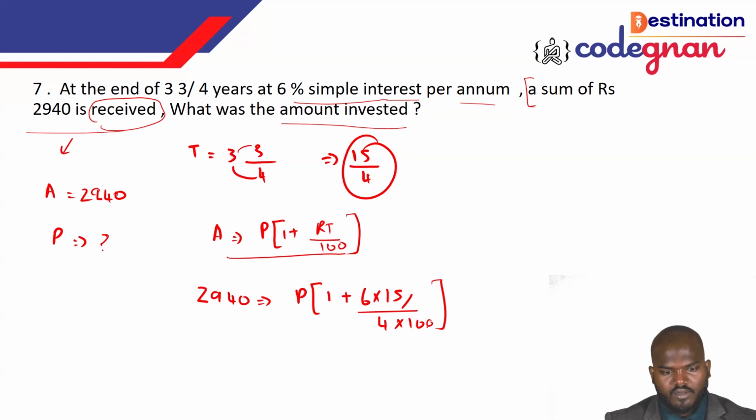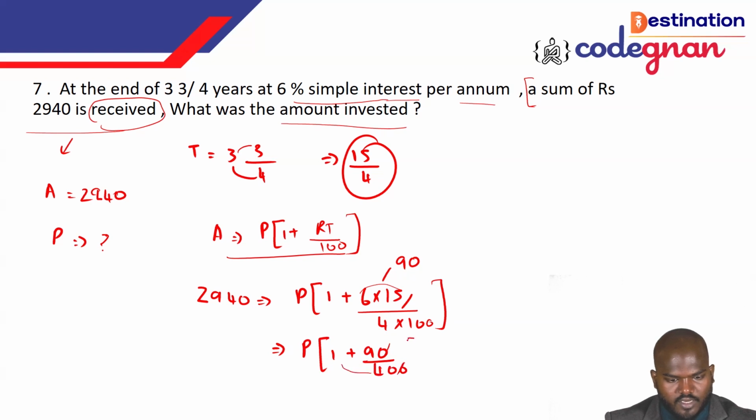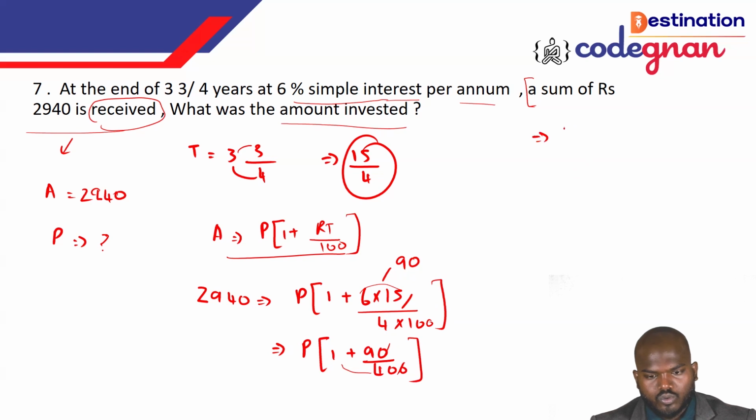If you see this one, 15 over 400, 15 times of 6 will give you the value called 90. If you're sorting out this, guys, so that is P times 1 plus 90 by 400 you will have. 0, 0 get cancelled. If you take the value this side, it will give you 2940 is equal to P times 49 by 40.